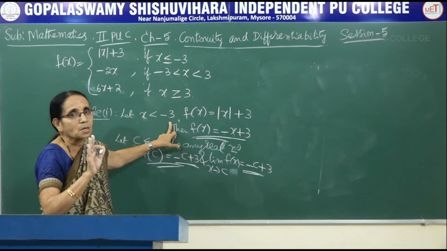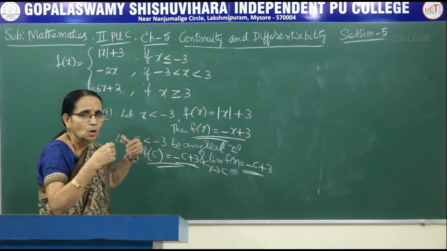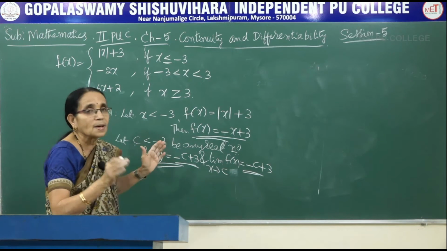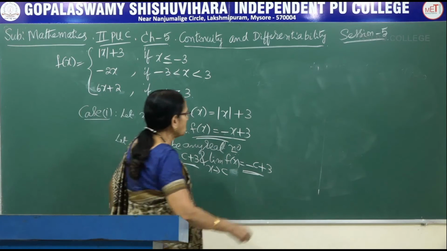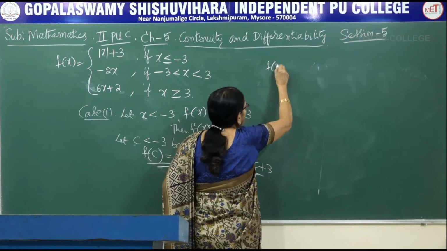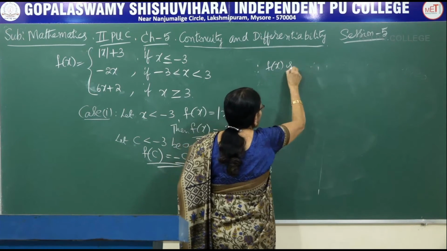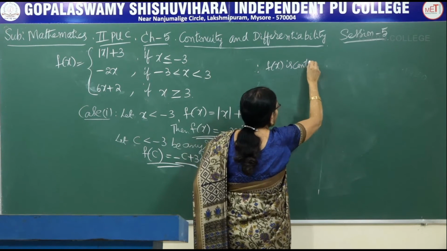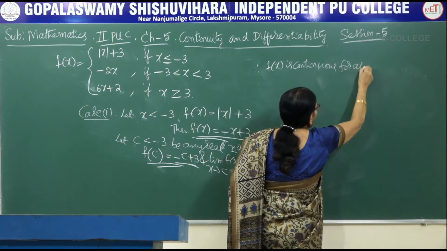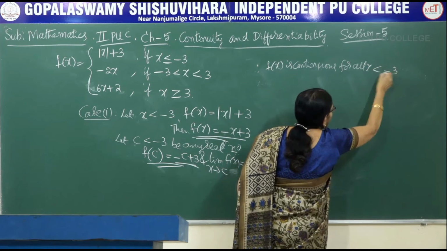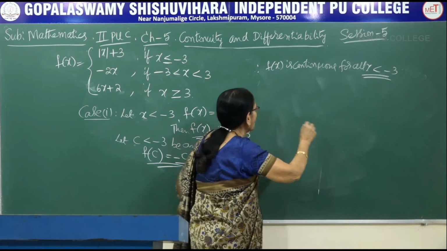I am not giving a particular value. For all x, whatever may be the value, strictly less than minus 3, the function is continuous. So write the conclusion. Therefore, f of x is continuous for all x strictly less than minus 3.